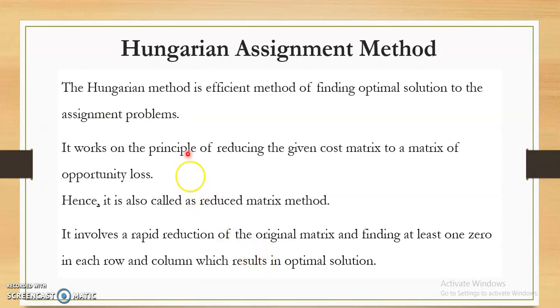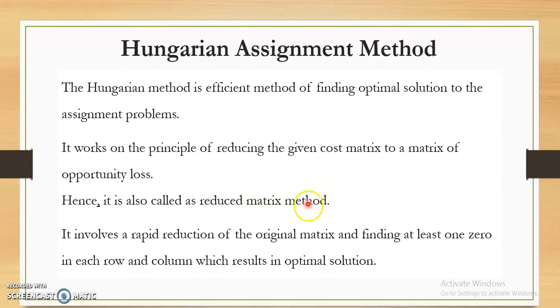The Hungarian assignment method is a more efficient method of finding the optimal solution to assignment problems. As we have said, this method is very fast and quick. It works on the principle of reducing the cost matrix into a matrix of opportunity loss. Hence it is called the reduced matrix method.